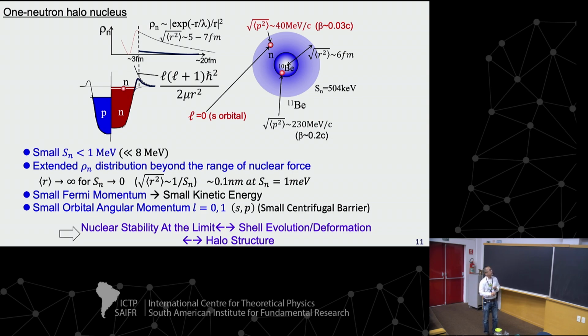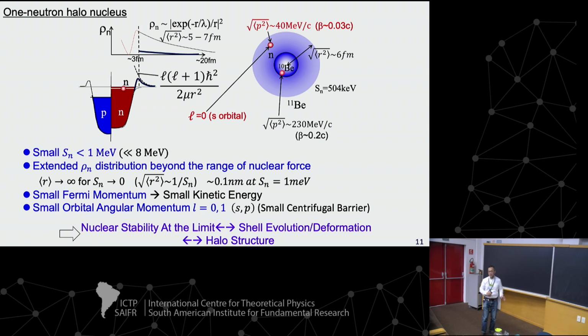Okay? And also, for halo formation, we need a small orbital angular momentum, S wave or P wave, because a large centrifugal barrier due to large angular momentum hinders halo formation. So this is another condition. This means that if we believe the normal shell configurations, maybe neutron halos appear only occasionally because of the S or P wave configuration.